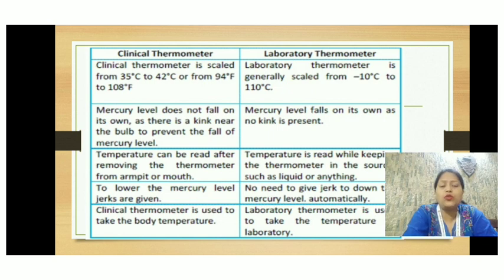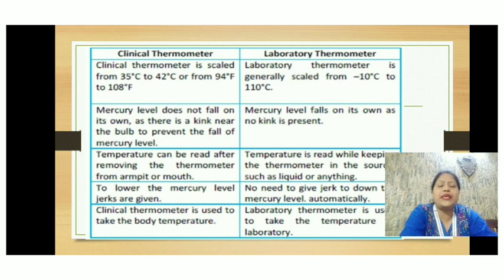This is the most important point of the clinical thermometer. Due to the presence of the kink, the mercury level is not allowed to fall back on its own. On the other side, the mercury level falls on its own as no kink is present. Clear? The third point is temperature can be read after removing the thermometer from the armpit or mouth.